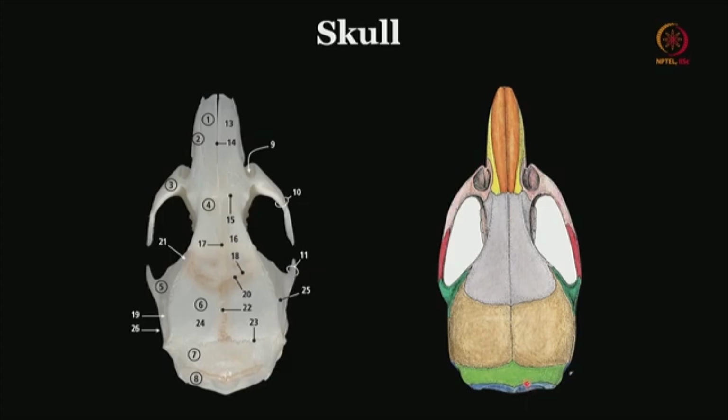Cerebrum is the bigger upper part of the brain, and the hind brain, which is a smaller brain, is the cerebellum. And here the green thing which is lateral is the very important bone called temporal bone, and then whatever comes anteriorly is all facial bones, which is not very important at this point. What you can remember is this is the olfactory part of the bone, zygomatic bone, and the maxillary process, which fuse to form the upper jaw of the rodent.